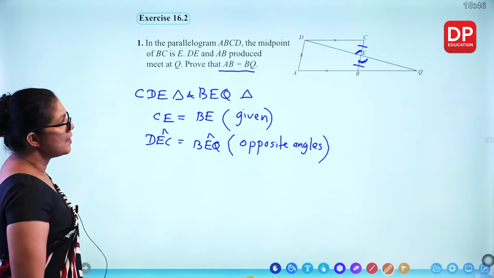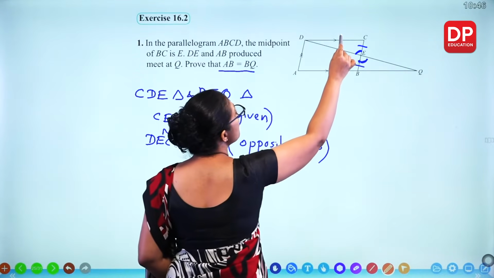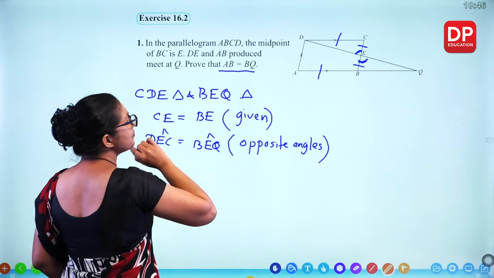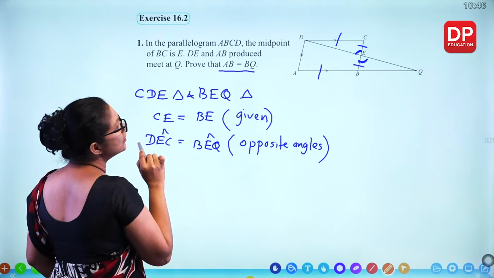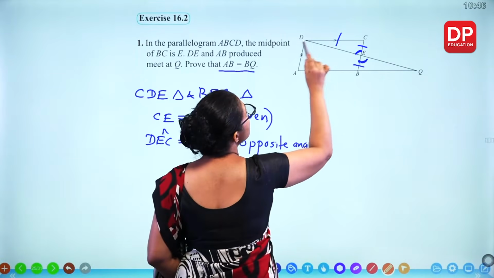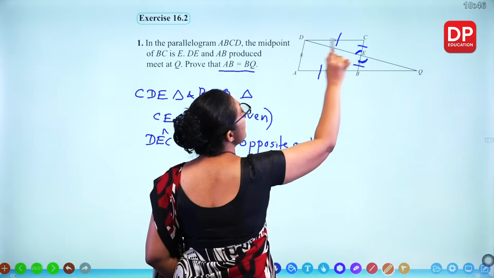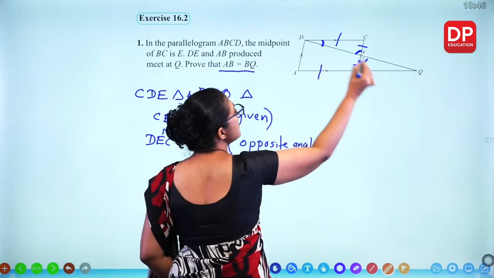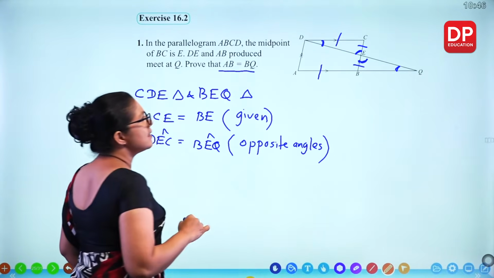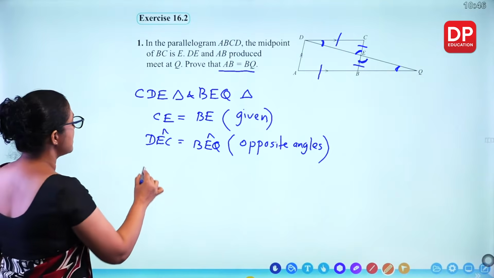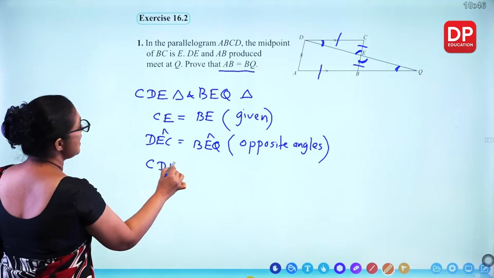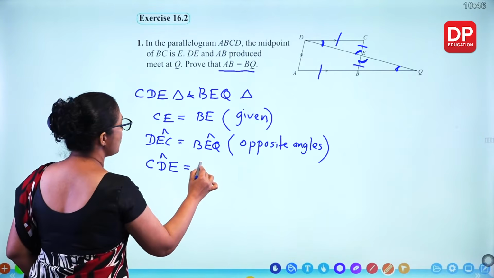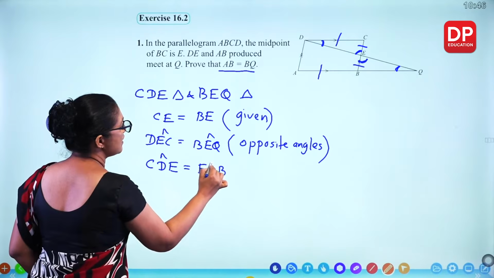And what else we know? This is a parallelogram. So this length is equal to this length. And also we know these two lines are parallel. This angle is equal to this angle. Alternate angles. CDE angle is equal to EQB angle.